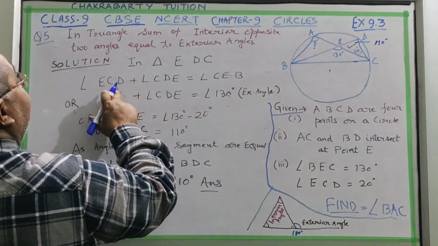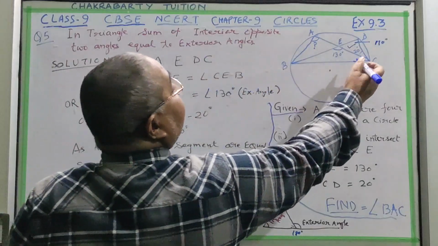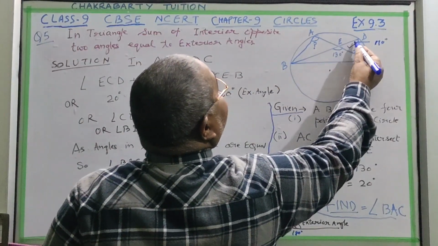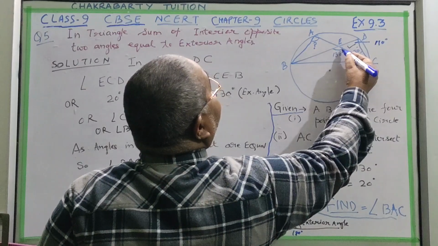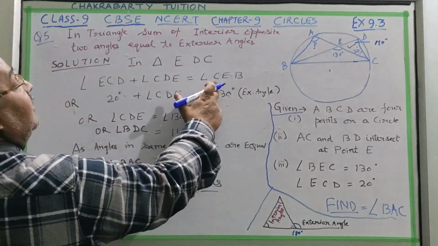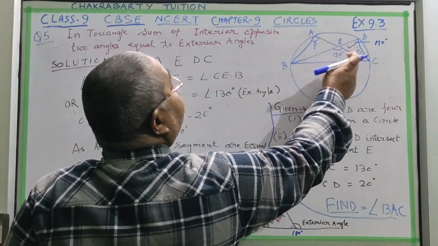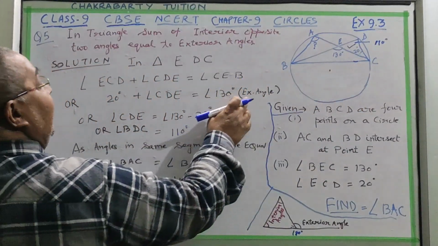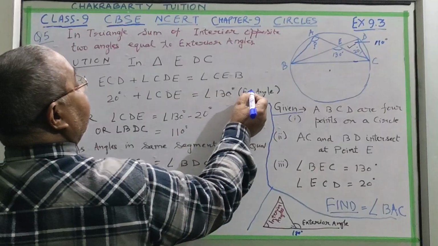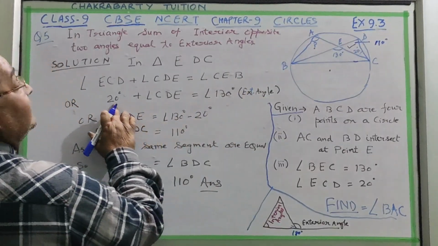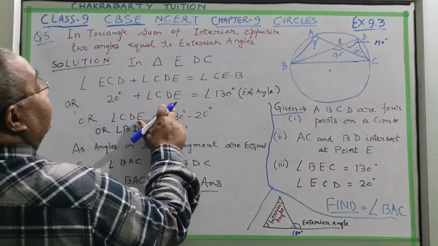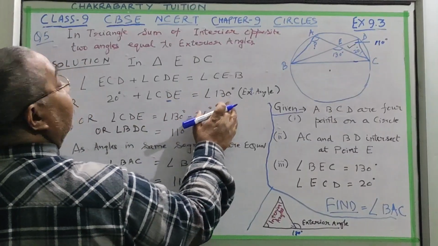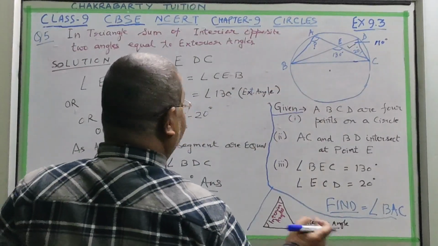In EDC, angle C and angle D, this and this angle will be equal to the exterior angle 130 degrees, which is angle CEB, because it is an exterior angle. So ECD 20 is given. CDE is not known, you have to find it, and 130 exterior angle you know.